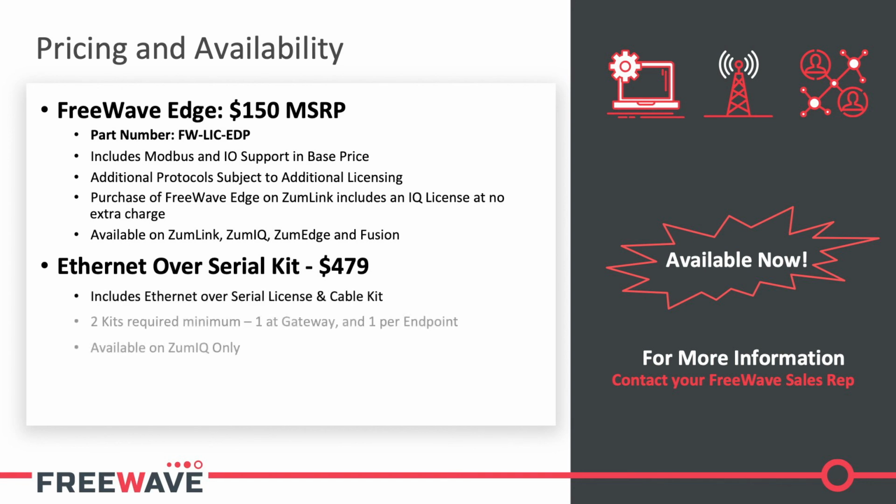Again, this is for Zoom IQ for compatibility with those FGR or GX radio networks. That is available now, and we look forward to working with you, getting your feedback, and seeing where we can take this. Your feedback is very important to us.